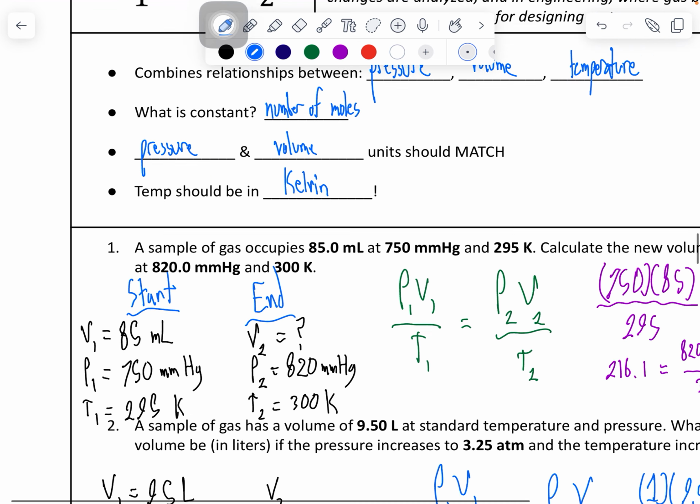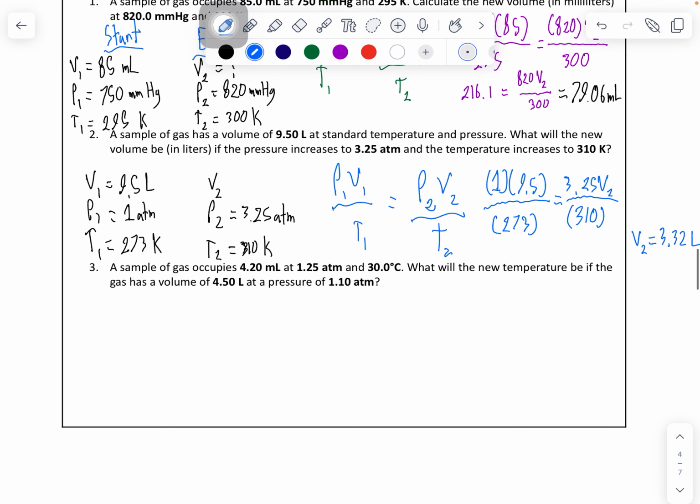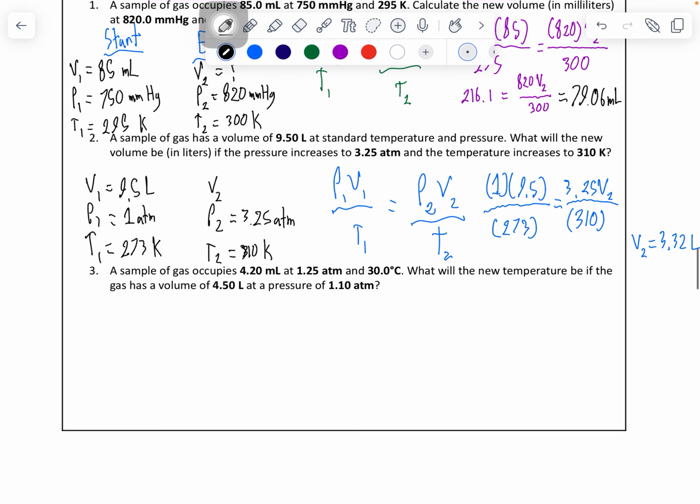You can see how really each time we're going to start off with your starting and ending values. You're going to record all the information that is given to you and plug that in to solve the problem. So let's see, what are we starting with? Sample of gas is occupying 4.2 milliliters. The pressure, 1.25 atmospheres.